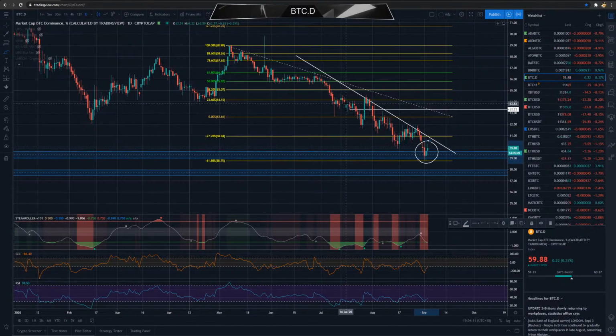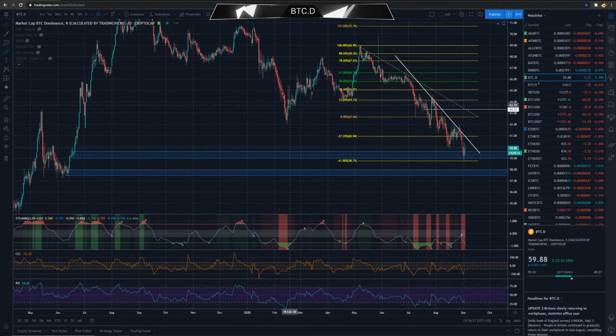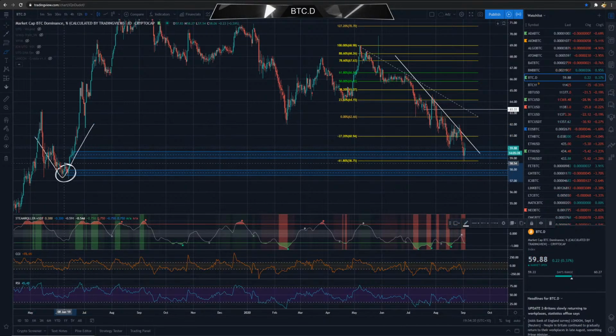It's getting towards that lower portion of the run, I think, on the dominance chart, and BTC does need a little bit of a push or a move to the upside. Look, I could be completely wrong on that, and we could just continue down towards that 58 demand, which I think is probably the safest option, seeing that that demand is drawn on a significant market pivot point, between 58 and 57.5% on the dominance chart.